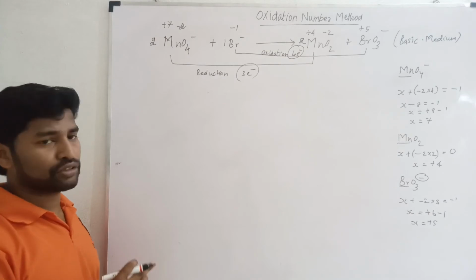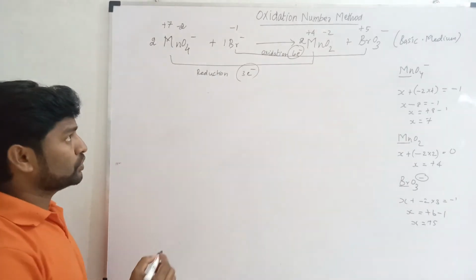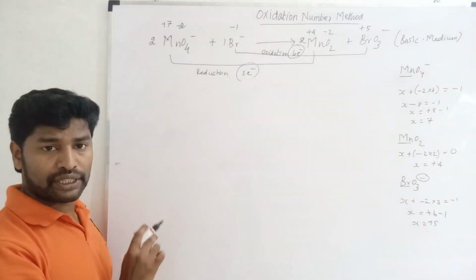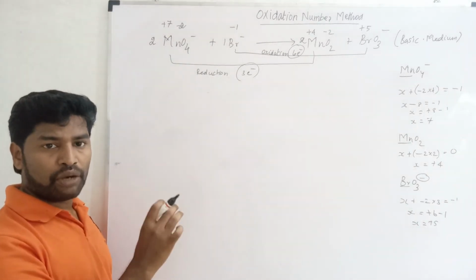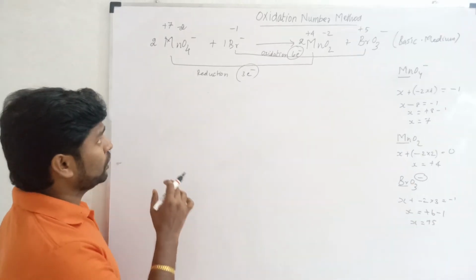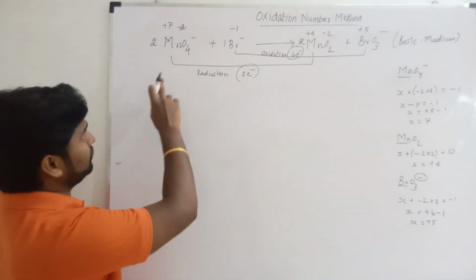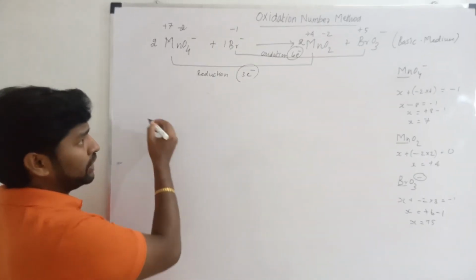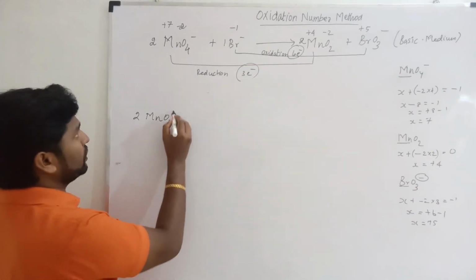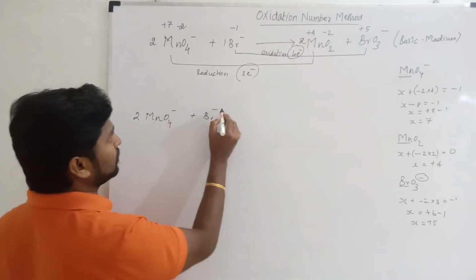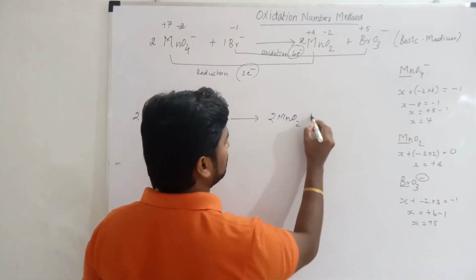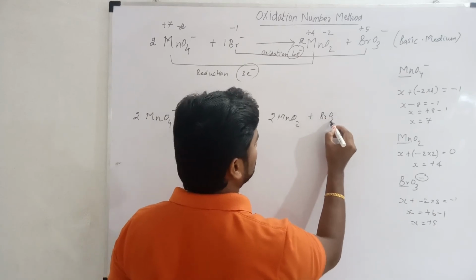Now we have to balance the oxygen. For balancing the oxygen in the basic medium, we add OH negative ions on the side where oxygen is deficient. Let me write this reaction one more time: BrO4 negative plus Br gives 2 BrO2 plus Br3 negative.